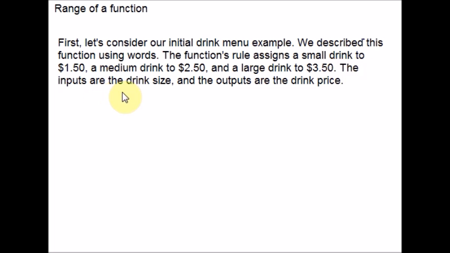The inputs are the drink size and the outputs are the drink price. So the range of this function is the set of all outputs, or 1.50, 2.50 and 3.50. That's it for this example. So no problem even if you get a word problem.